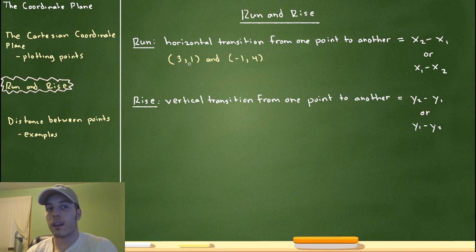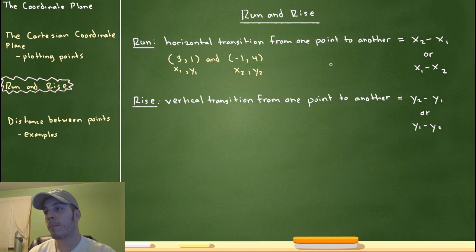You could draw these in the Cartesian coordinate plane if you'd like. But this first set of points here, since I'm dealing with 2 points, I may want to have these labeled somehow. Now the first number represents our x value, right? So the 3 is an x value, and the -1 is an x value. Now since we're dealing with 2 points, I'm going to label this x sub 1, comma, y sub 1, and this one over here, I will label x sub 2, y sub 2. Okay, so that helps us differentiate these just a little bit.